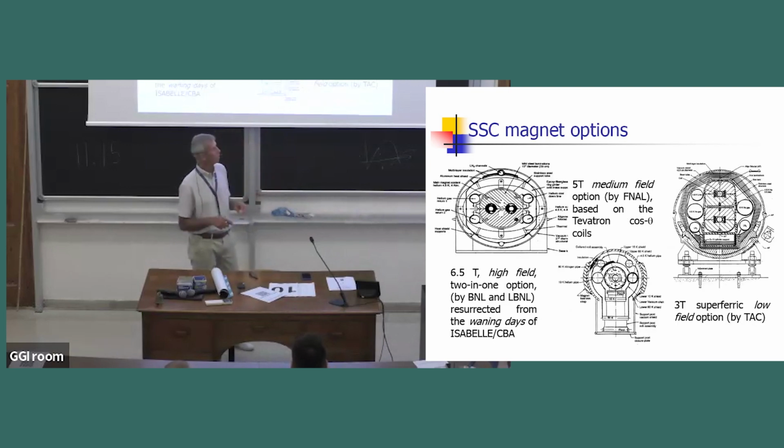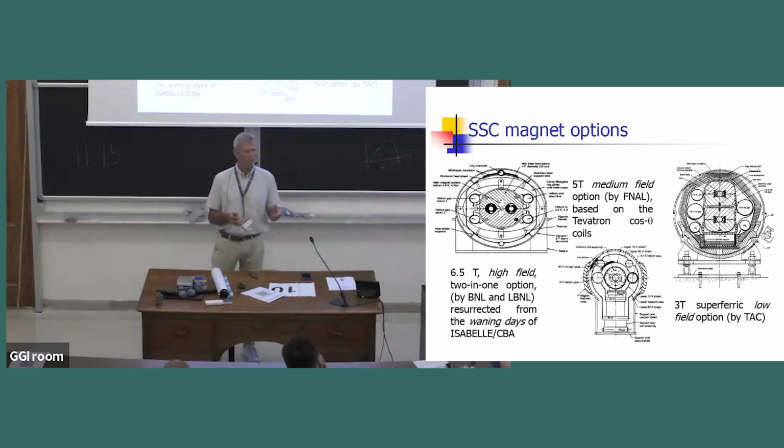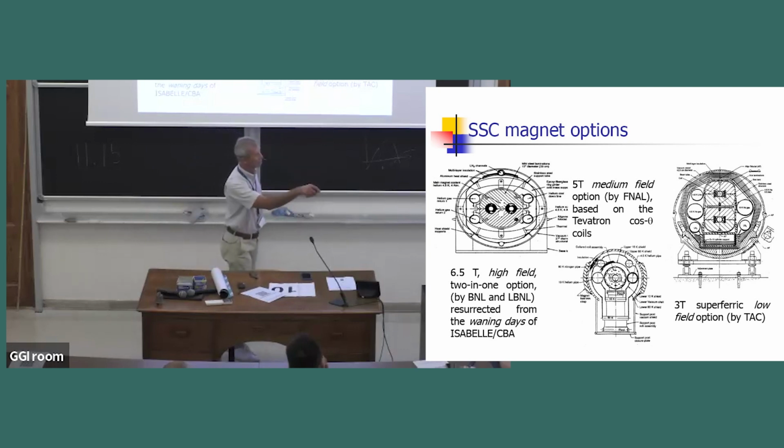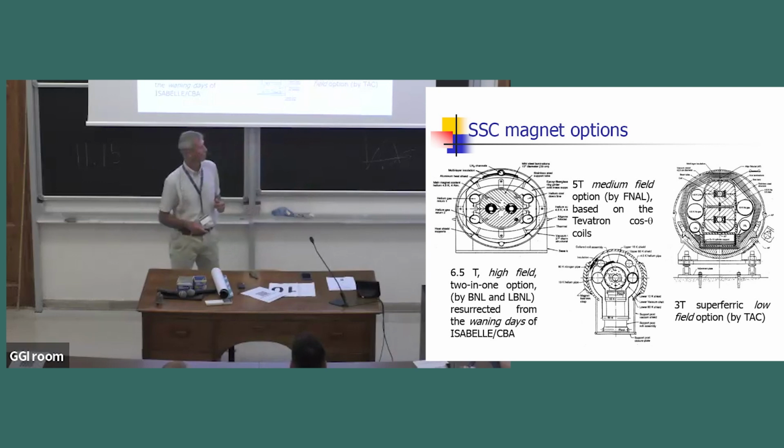Various magnet configurations were looked at, from low field, 3 Tesla, up to high field, 6.5 Tesla. And there was a question among the questions: why not go to very low field and aim for high fields? Make the tunnel bigger. Yes, but once you have the technology for 6.5, that's what you use, because the magnet will not cost much less than the 3 Tesla, okay?